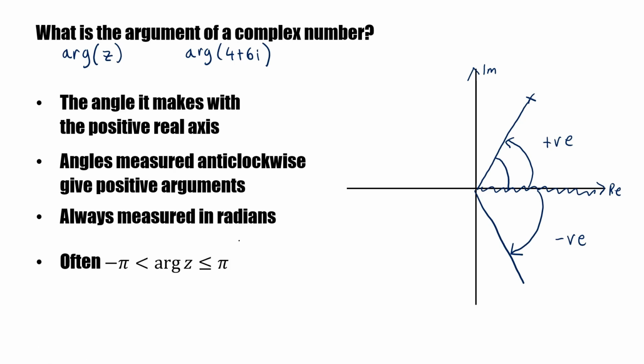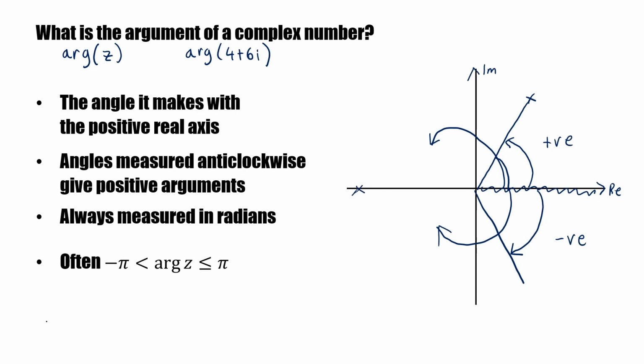Well, generally, often we will write arguments between pi and minus pi, and that's just because that provides the most efficient way to get to any line from the positive real axis. So we're either going to go this way to get around to anywhere around there, or we're going to go around from here to here. And of course, anywhere on the negative real axis will have an argument of pi.